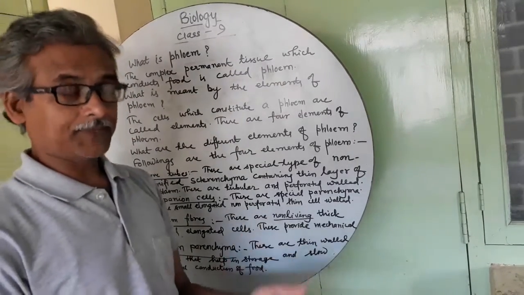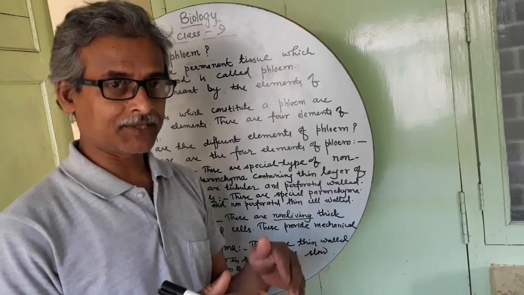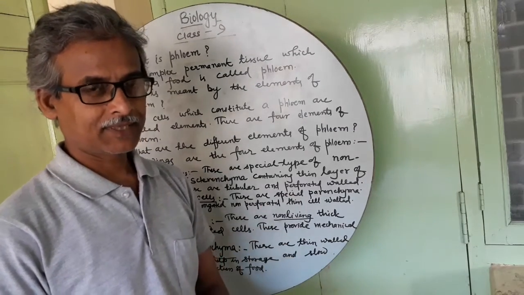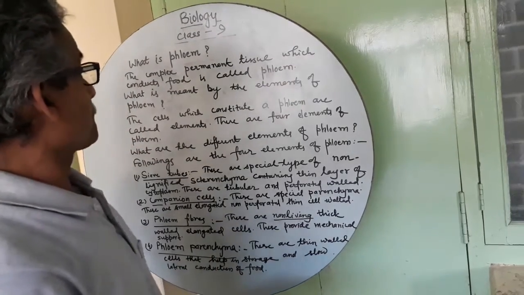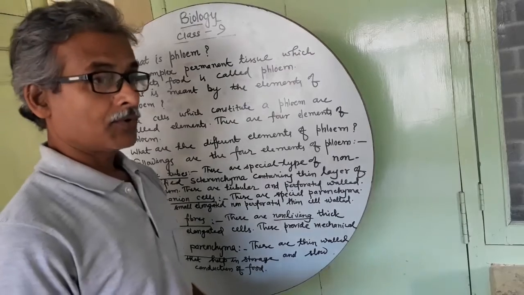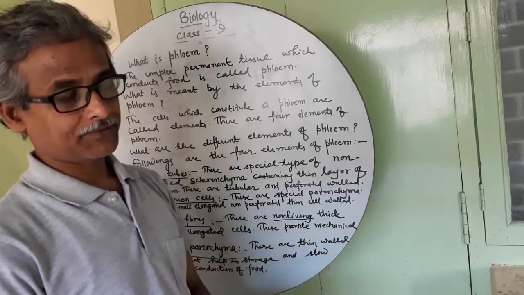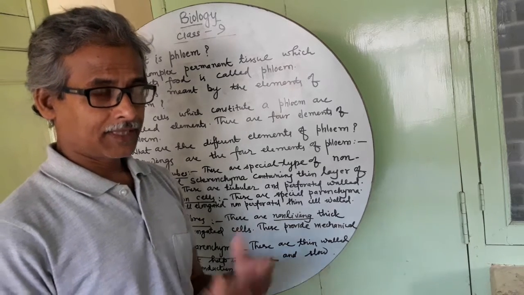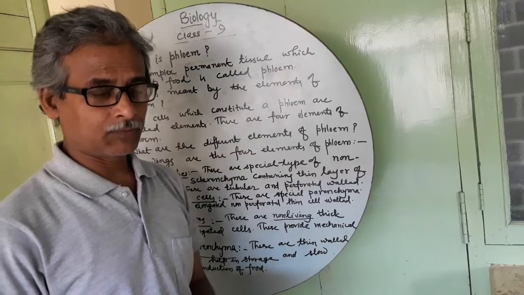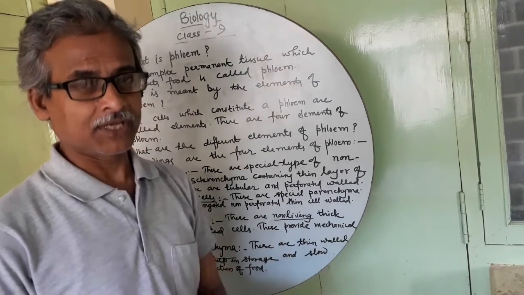As it is a complex permanent tissue, it means there are different shapes of cells here and they have different functions. So it is made up of different types of cells. Generally, when we study in the book, we shall get the term element.